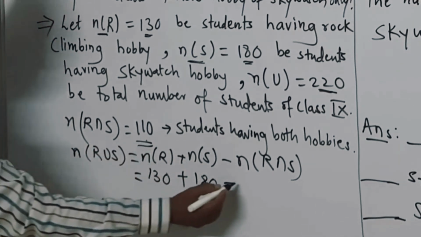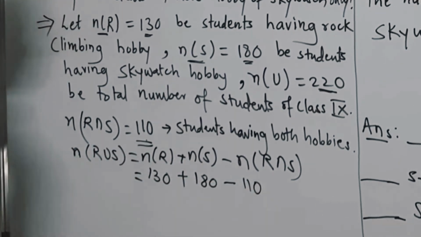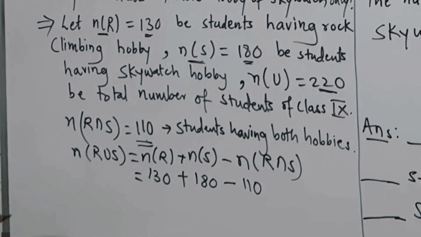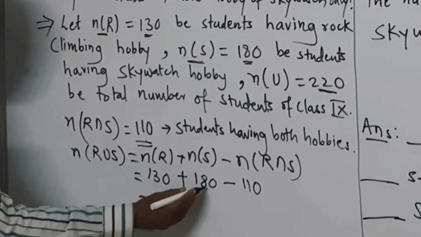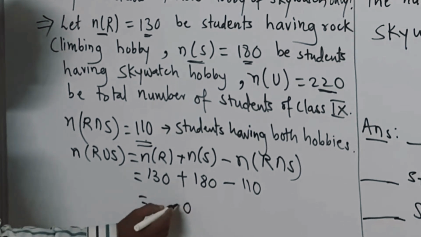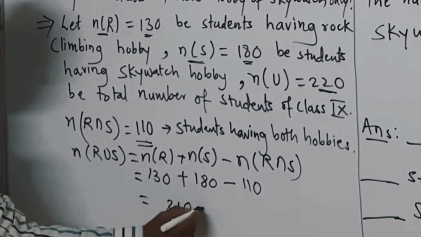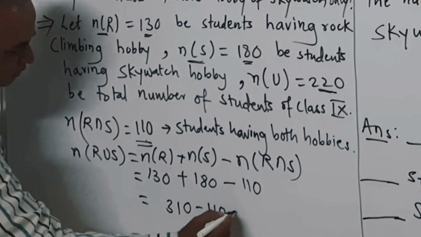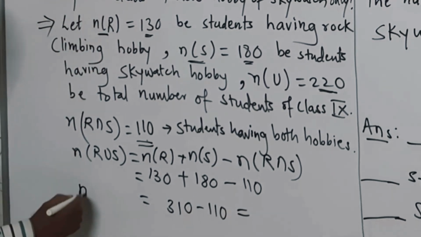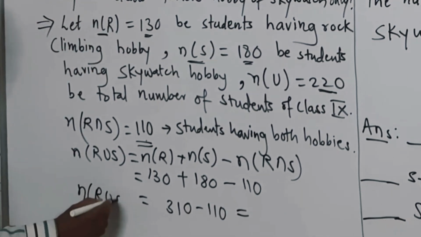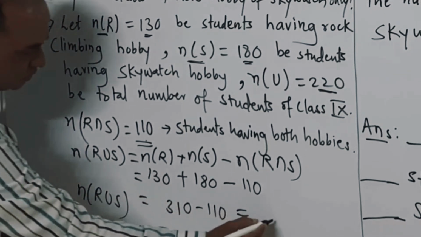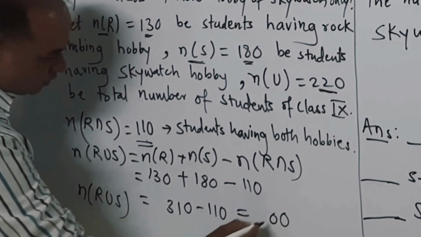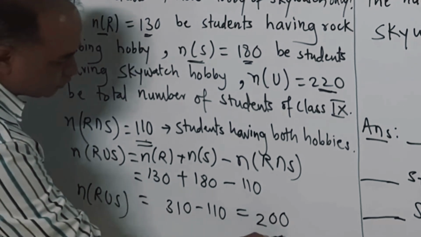That is 130 plus 180, which is 310, minus 110. So the number of students having either one of the hobbies or both is 200 students.